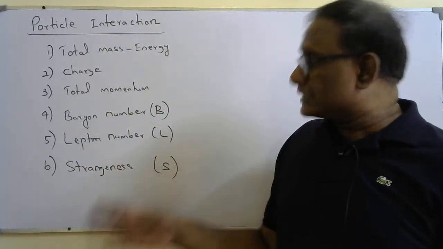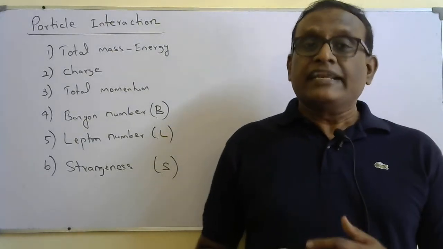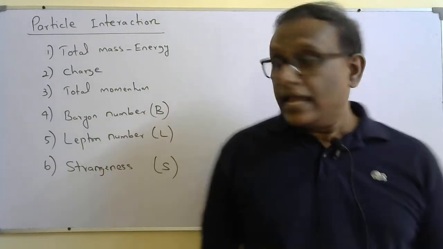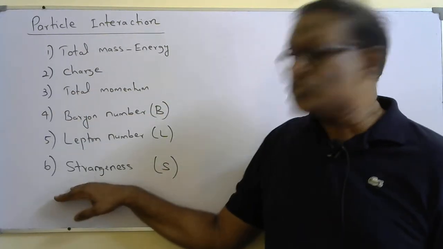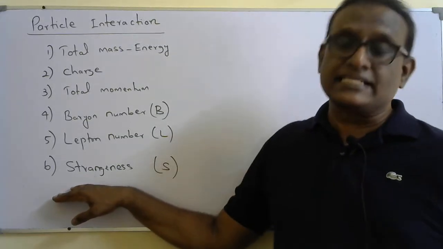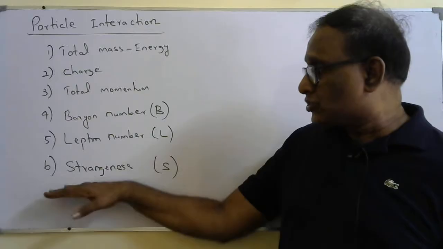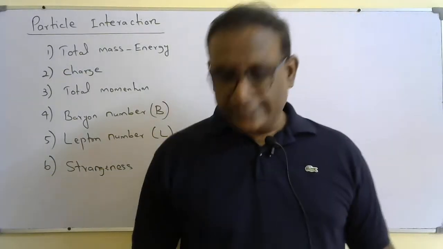In a strong interaction, all six factors must be conserved. But if the interaction happens due to weak nuclear force, for example beta decay, there the first five must be conserved. The sixth one, strangeness, is not necessary to conserve. It can be conserved or not, we don't care. So strangeness is not necessary to be conserved during weak interaction.